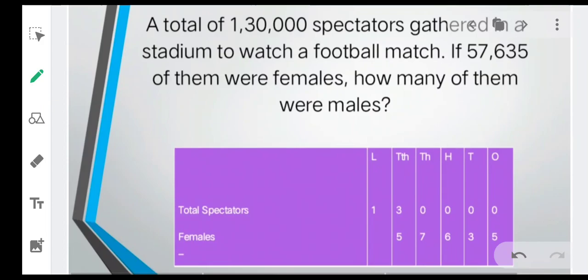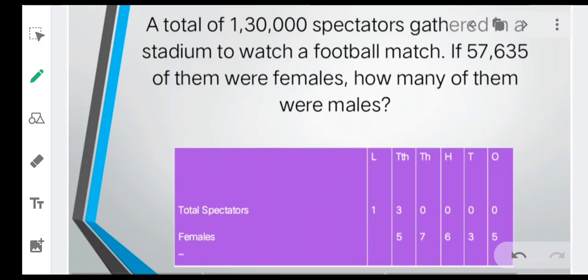Students, first of all, again we are going to read the question, understand it, and after that we solve it. A total of 1,30,000 spectators gathered in a stadium to watch a football match. If 57,635 of them were females, how many of them were males?